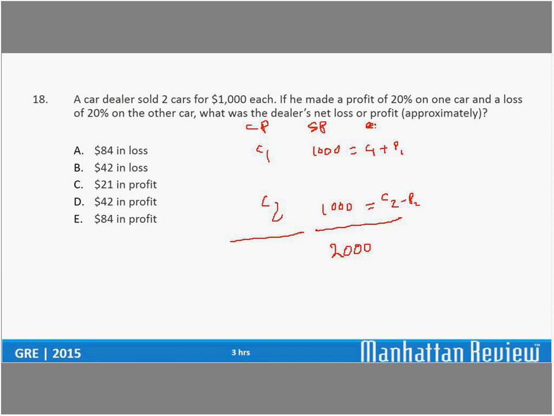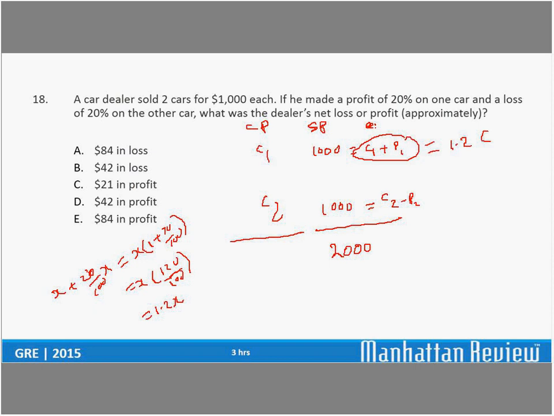If I say x plus 20% of x, I can directly write it as x times (1 plus 20 by 100), or x times 120 by 100, or 1.2 times x. Literally, the selling price is 1.2 times C1.